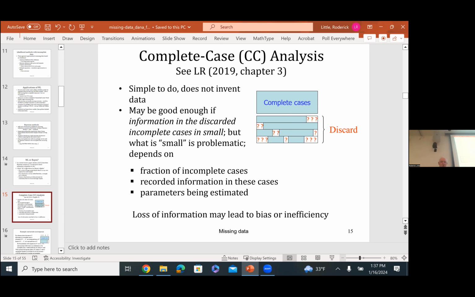The loss of information from throwing out these cases has two consequences from a statistical point of view. It can lead to inefficiency. If you're throwing away information, then it's less efficient, but also might lead to bias. And people are probably often more concerned about the bias issue rather than the inefficiency issue.